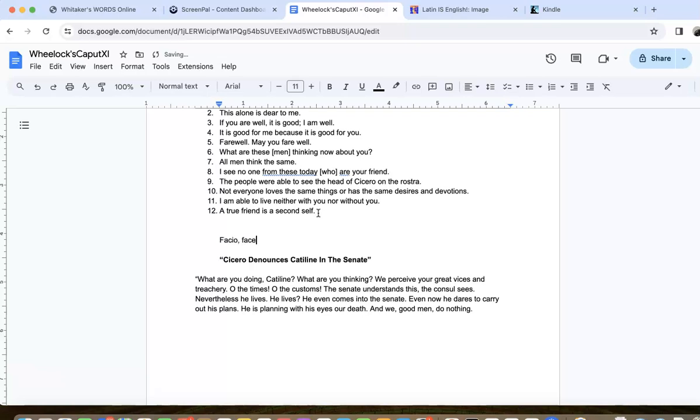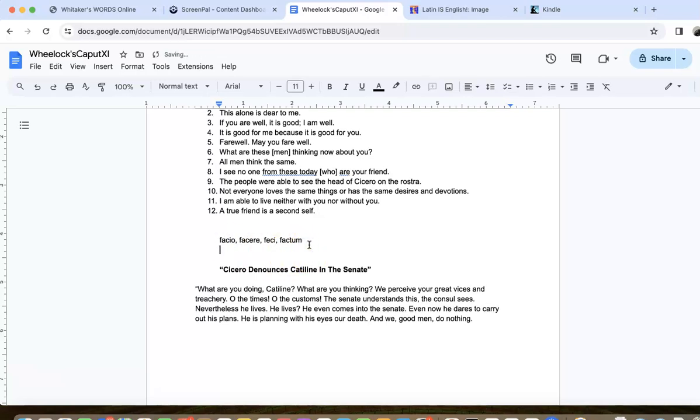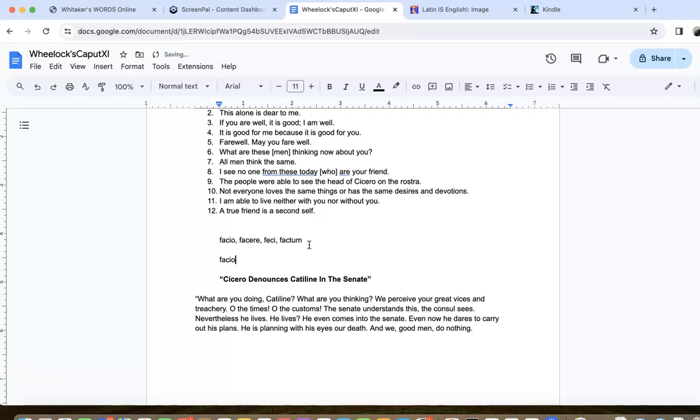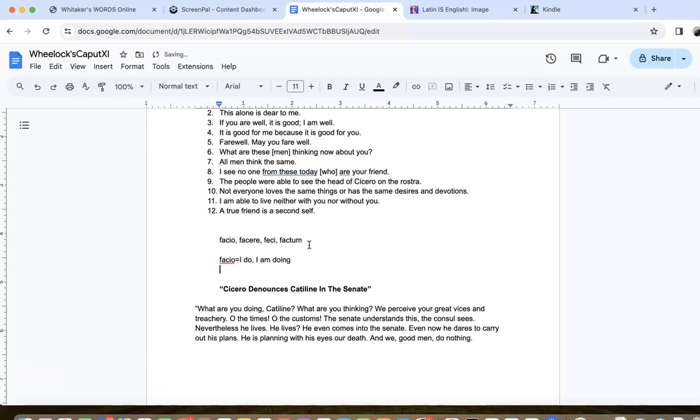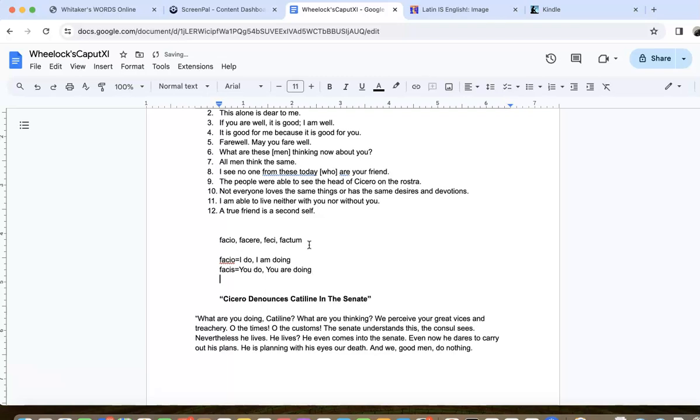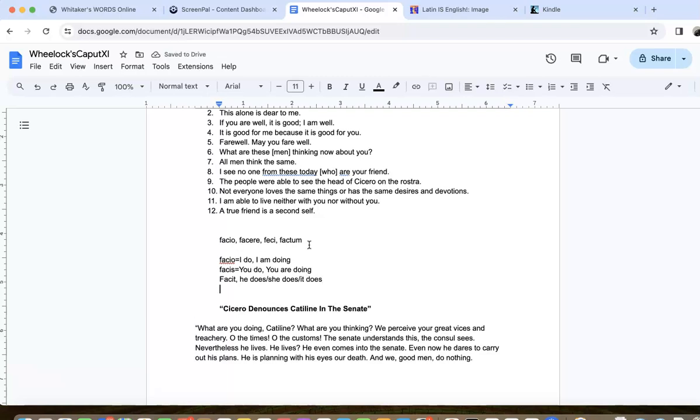So facio, so these are the principal parts that our book gives, but then facio means I do, or even I am doing. Facis means you do, or you are doing. Facit means he does, or she does, or it does, or he, she, it is doing.